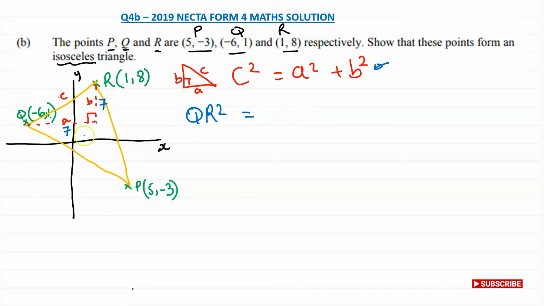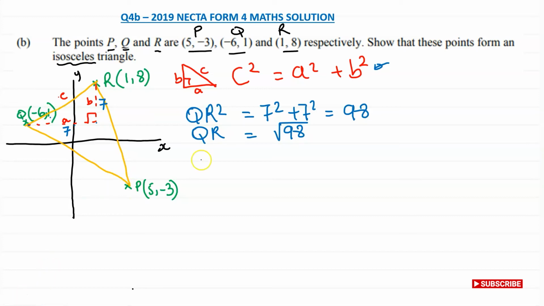So QR squared is 7 squared plus 7 squared, that's 49 plus 49, which is 98. So therefore QR is the square root of 98. We can leave it as it is because if they are equal, we will get the exact same answer from the other ones. Okay, let's do PQ.